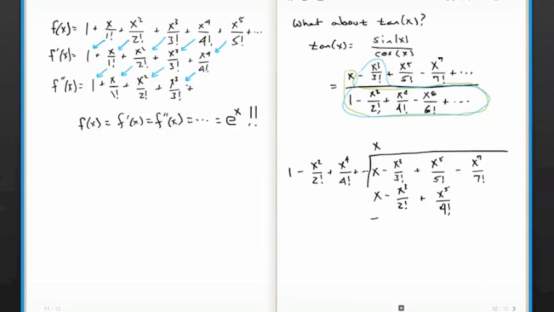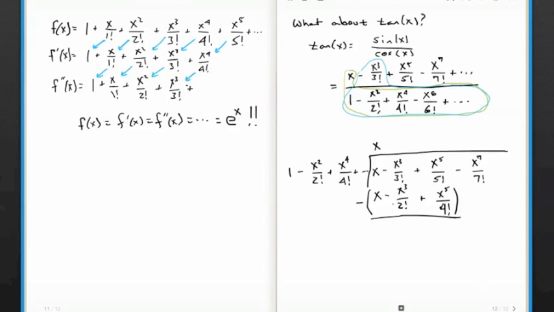Now what do I do? I have to subtract these things, right? I subtract this. x minus x is 0. That's nice. Now, how do I subtract these? My denominators are factorials. Here's where your knowledge of factorials is going to be important, and I'm going to go to a thin pen because this gets tricky. I want my common denominator to be 3 factorial.